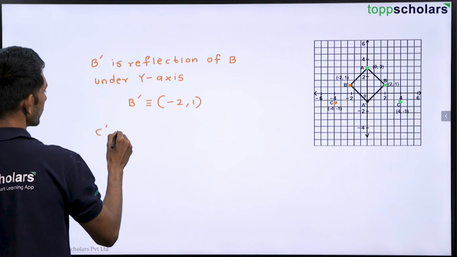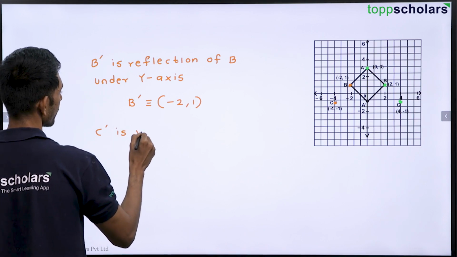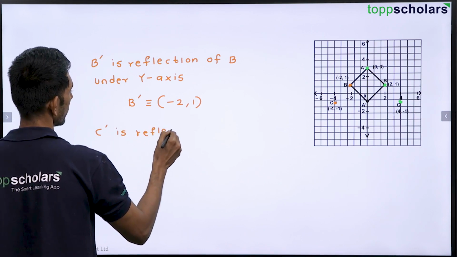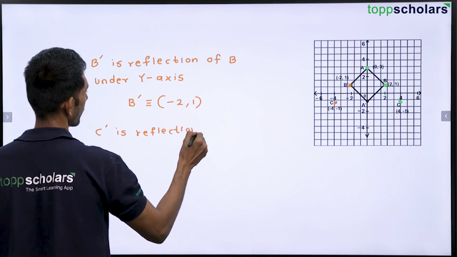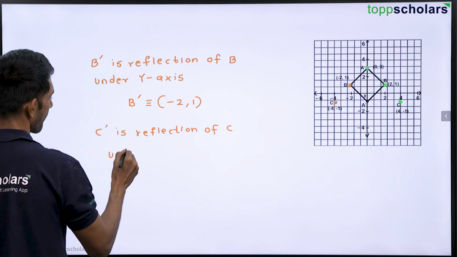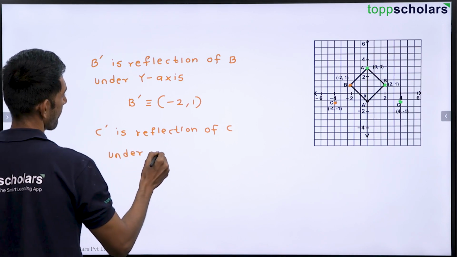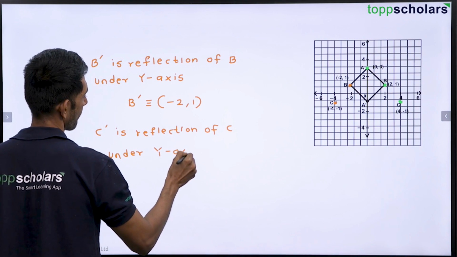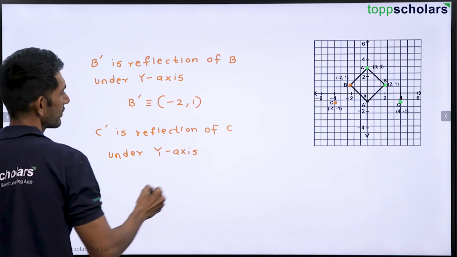And what is C dash? C dash is also reflection. C dash is reflection of C under y-axis.